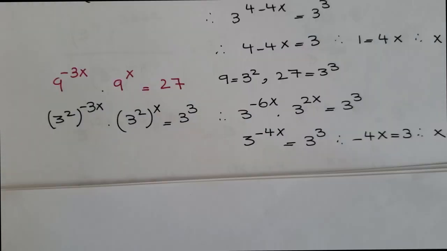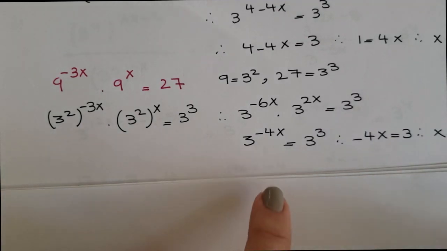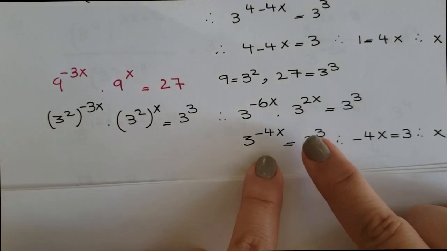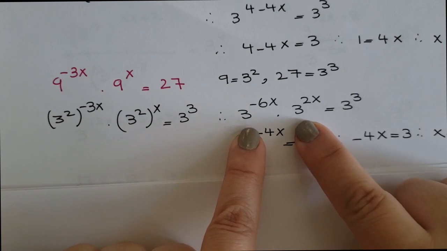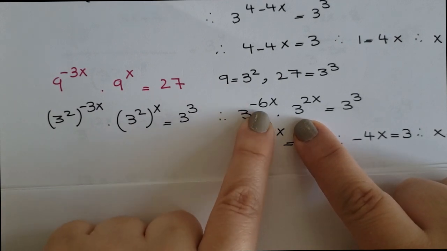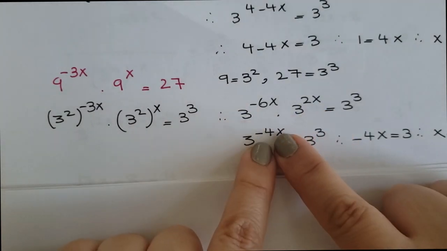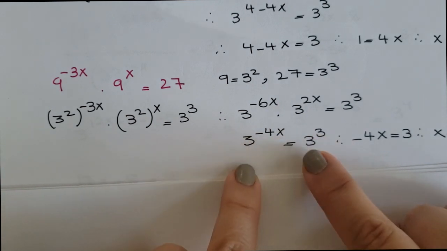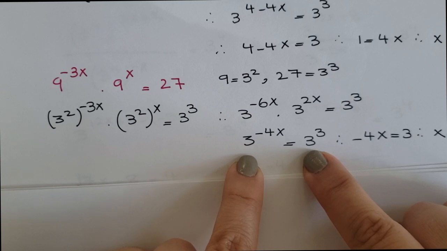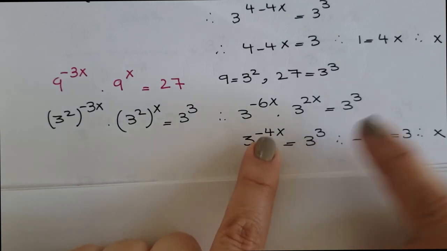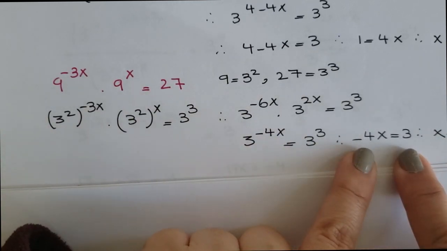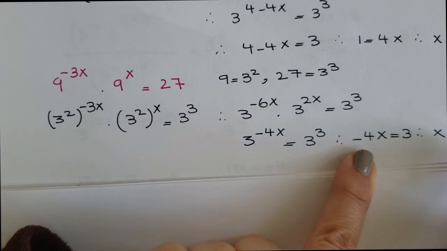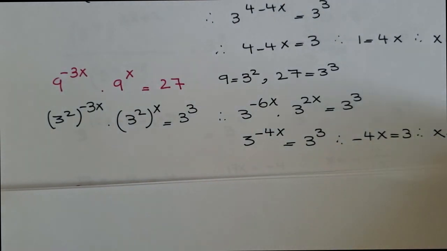So in the next step, I will just simplify this side, which is negative 6x plus 2x, which is negative 4x. And on this side, the exponent is 3. Because the bases are the same, the exponents must be the same. So negative 4x equals 3, and x is negative 3 divided by 4.